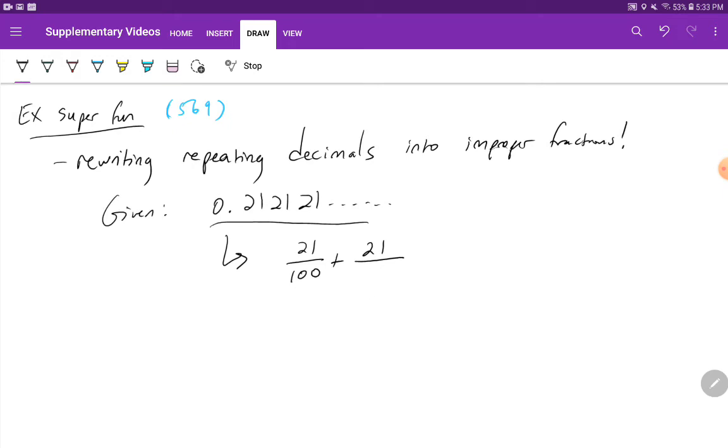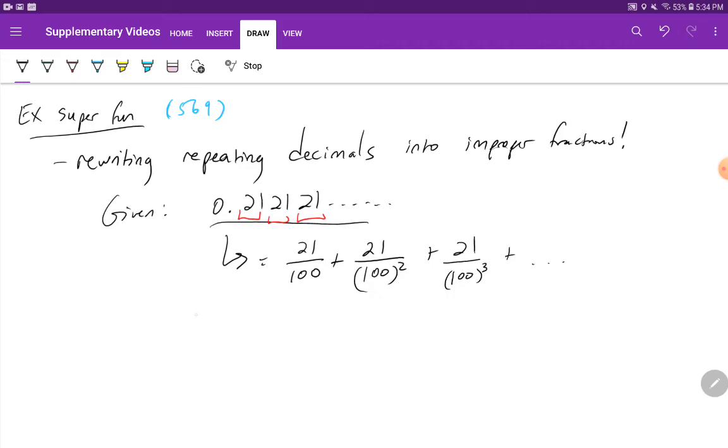I believe it's 2 more zeros. So it's going to be 100 squared. And then 21 over 100 cubed. Yep. And then so on and so forth, right? It's like you're writing every 2 decimal places by raising 100 to the next power, if that makes sense, right? And this thing is going to go on forever.